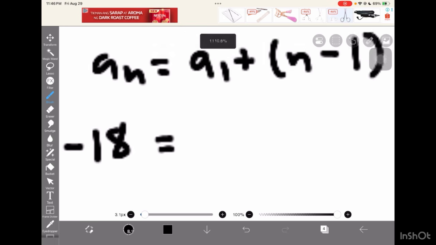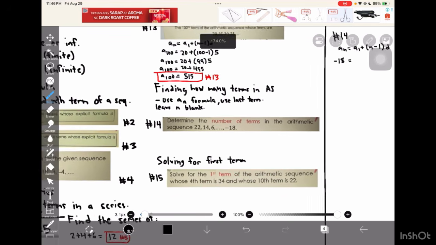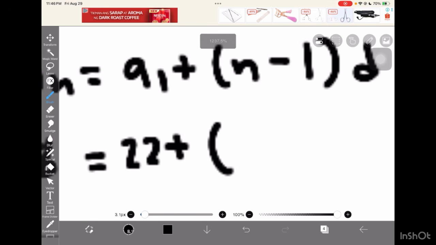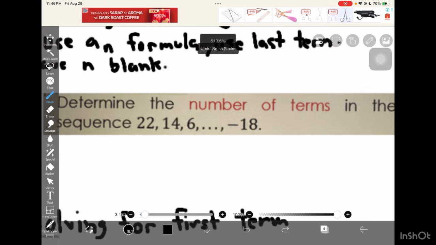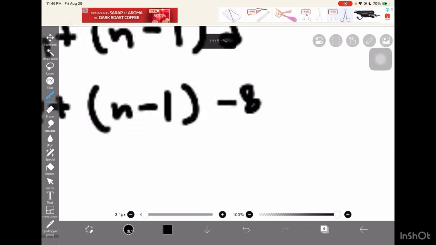Okay? So we have a sub 1, that is, let's recall, 22, plus we keep n minus 1, unknown, times d, which is 14 minus 22, negative 8. 6 minus 14, negative 8. So it's negative 8.